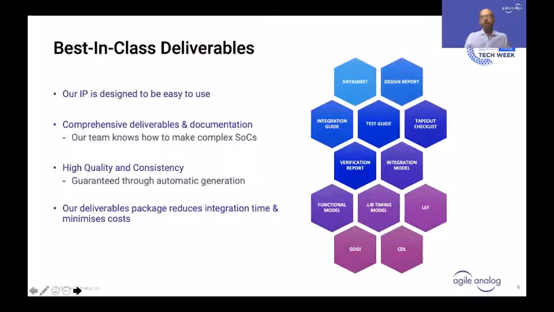Now, these sorts of problems tend to show up at integration, which is the later stages of the design cycle where people are under time pressure and delivery is on a critical path. Simple mistakes like that could lead to delays, and they can be extremely costly, right?